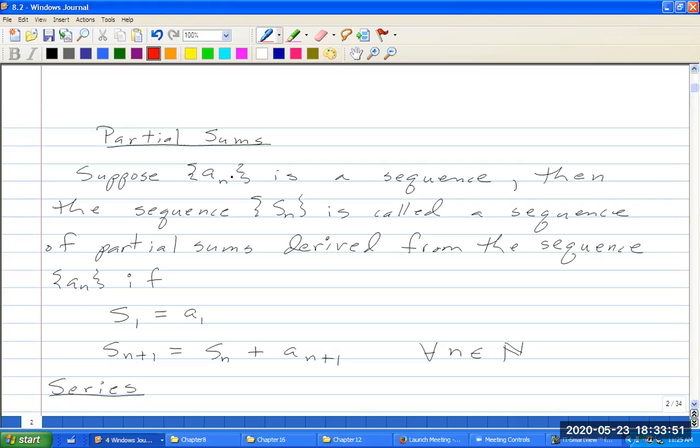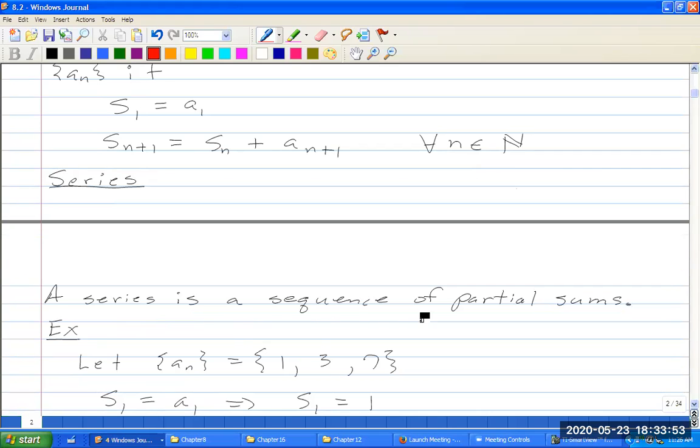Series. A series is a sequence of partial sums. So when we talk about a series, we're just talking about a sequence of partial sums.